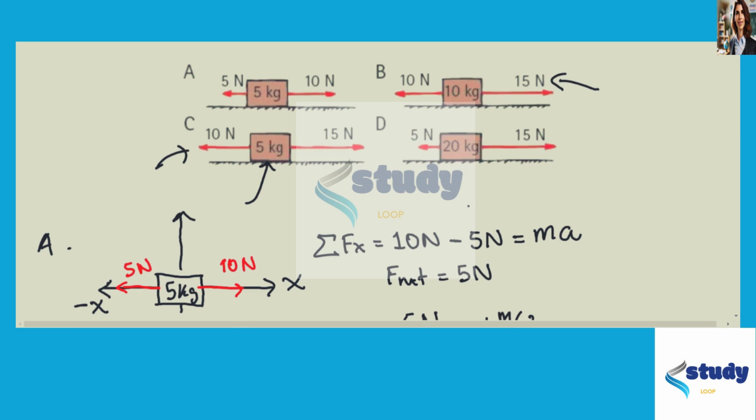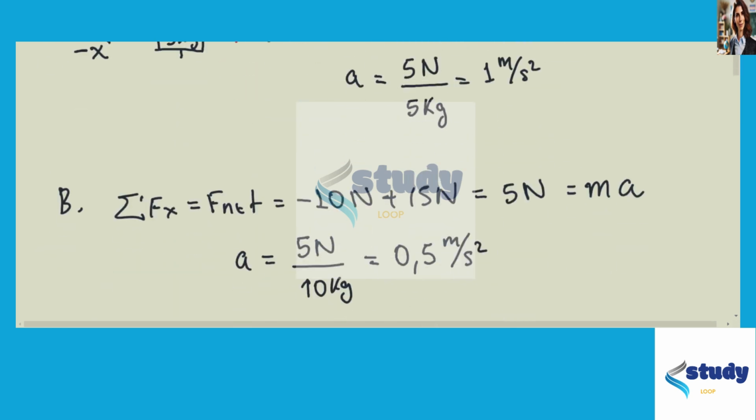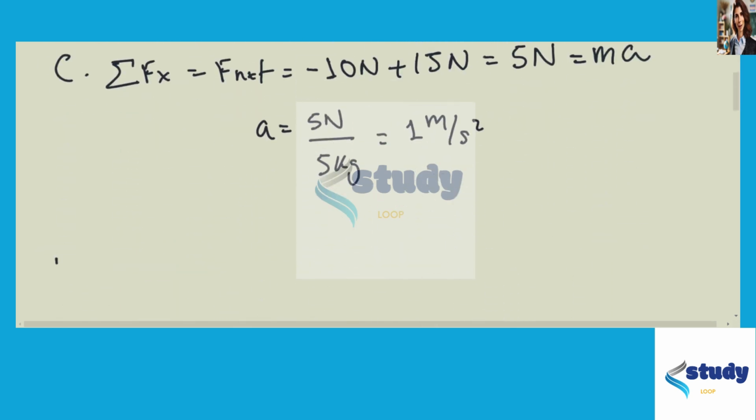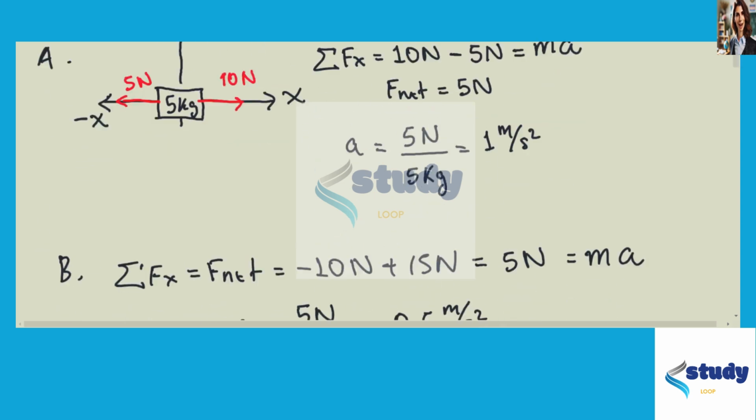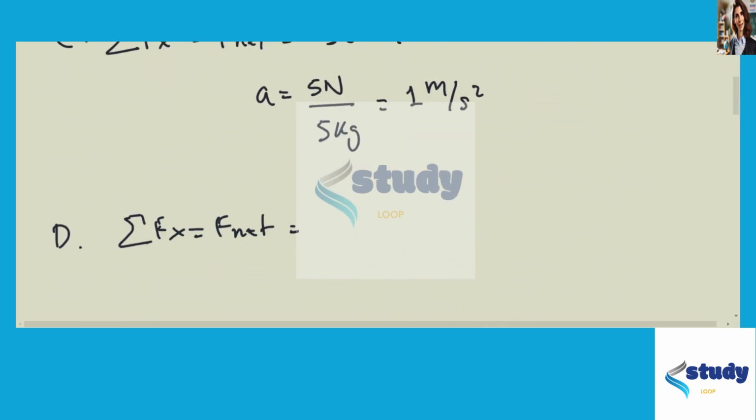And finally, D. In D, the sum of forces equals the net force, and in this case we have a negative force of 5 newtons and a positive force of 15 newtons.